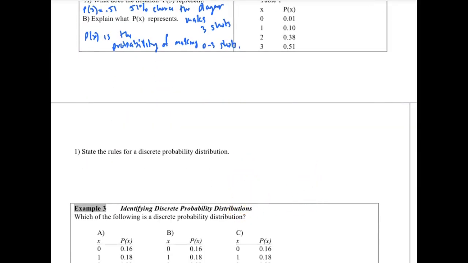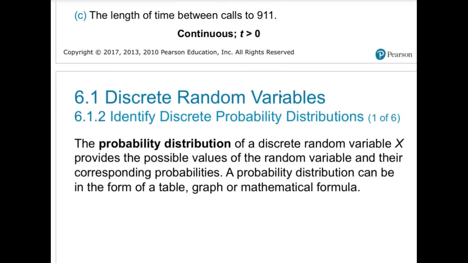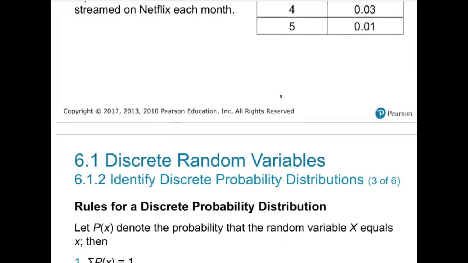There are some rules for a probability distribution, and they follow the same idea that we've had before. Fill these in here. These are notes from our PowerPoint that you could download. What are the rules?